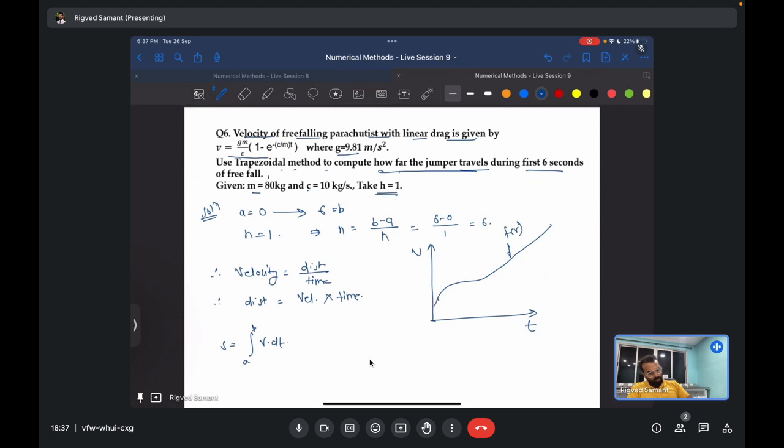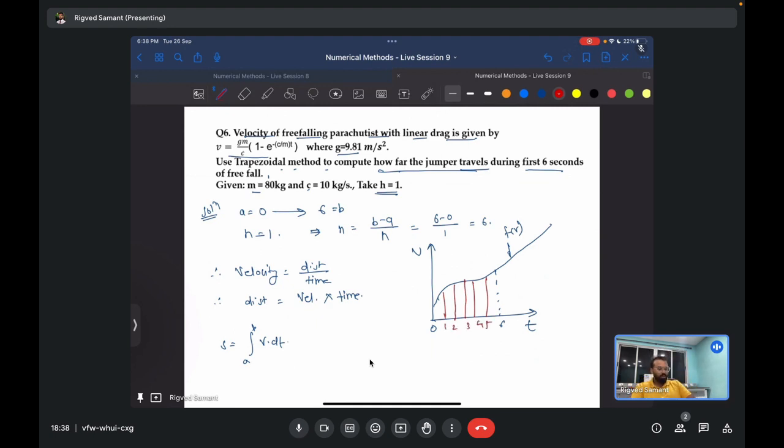A is 0 and b is 6, and then you have to use 6 intervals, 1, 2, 3, 4, 5, 6.